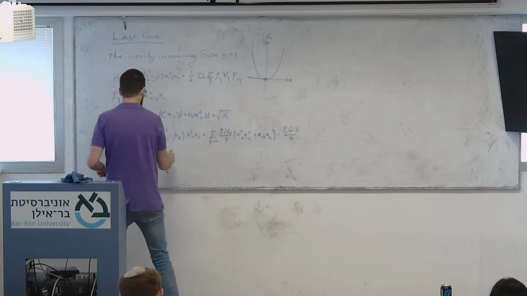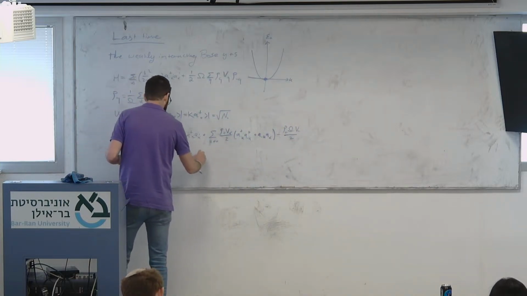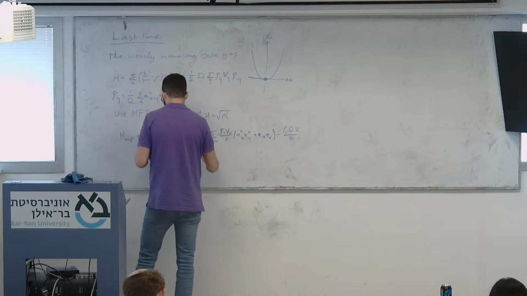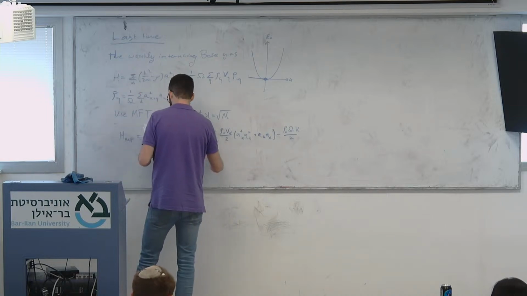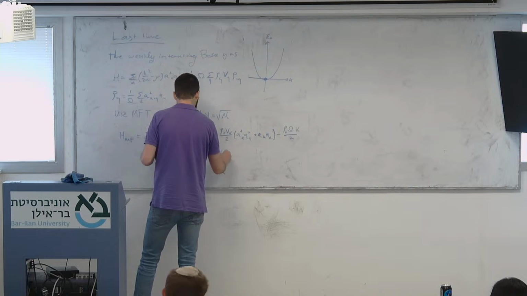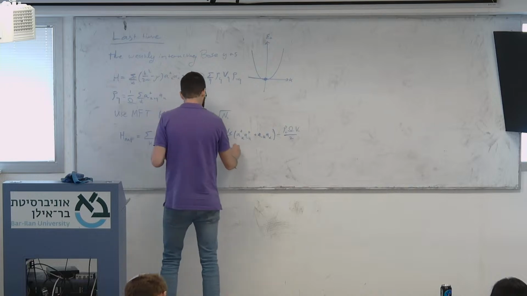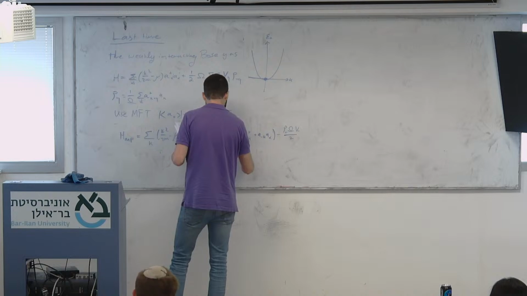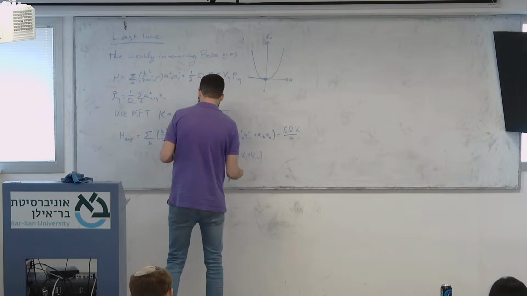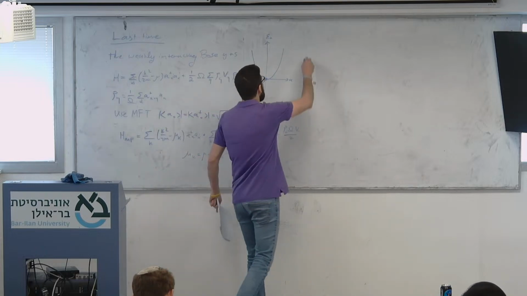And this mu k was defined to be mu minus rho naught v naught minus rho naught over 2 times (v of k plus v of minus k). Okay?